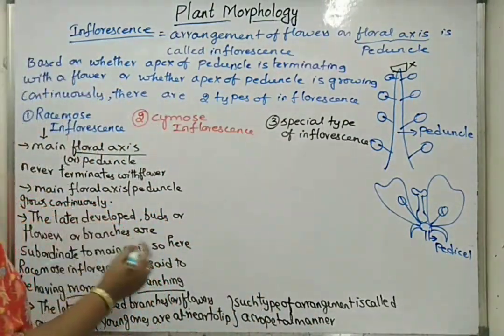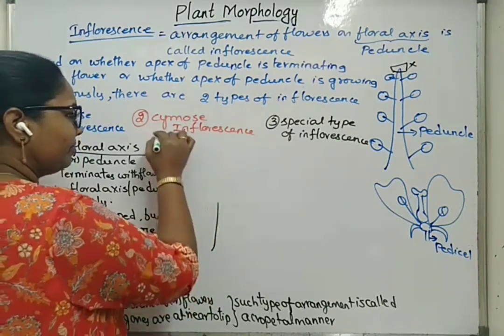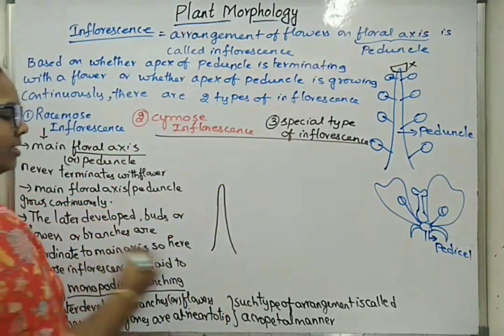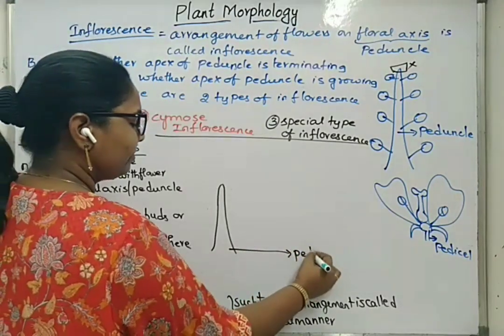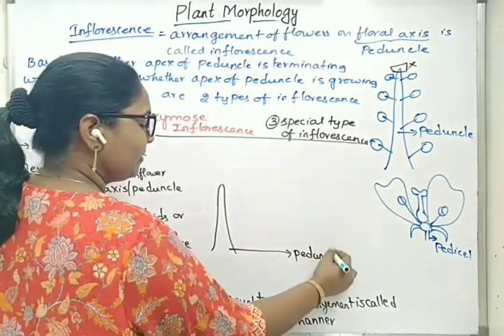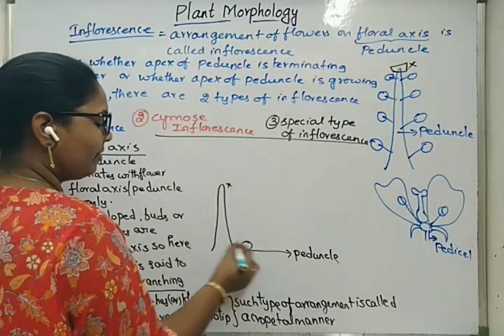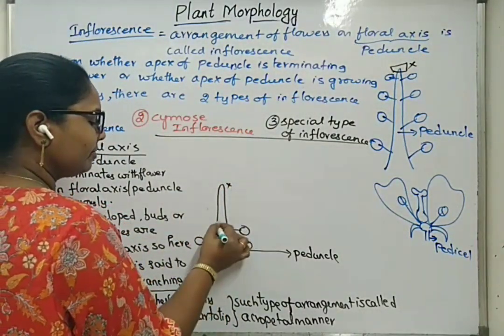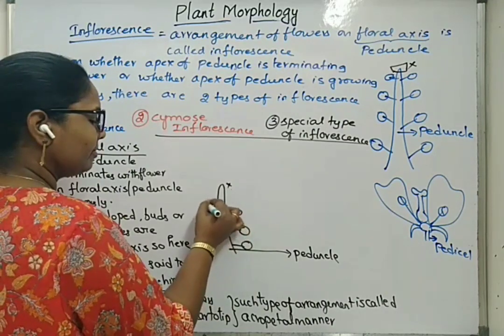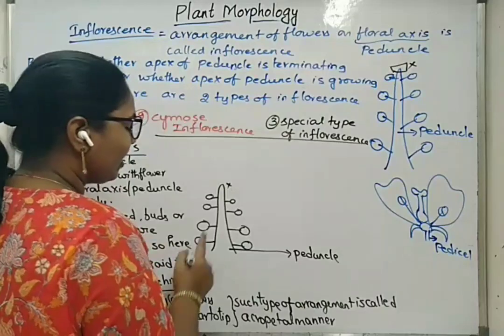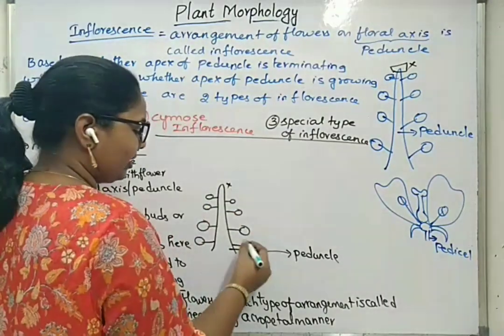Coming to the structure, in case of racemose inflorescence, if this is peduncle or the main floral axis, it is not terminating with any flower. Older flowers are at bottom. And young flowers or young branches are at the upper side near to the tip region.